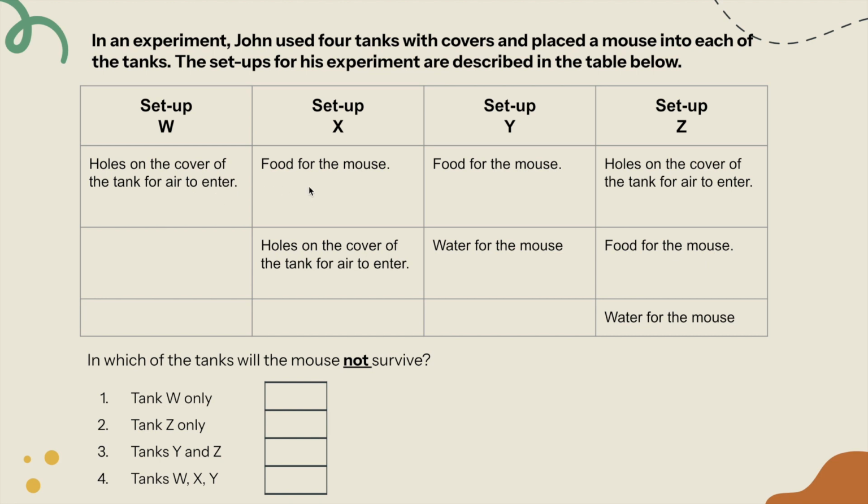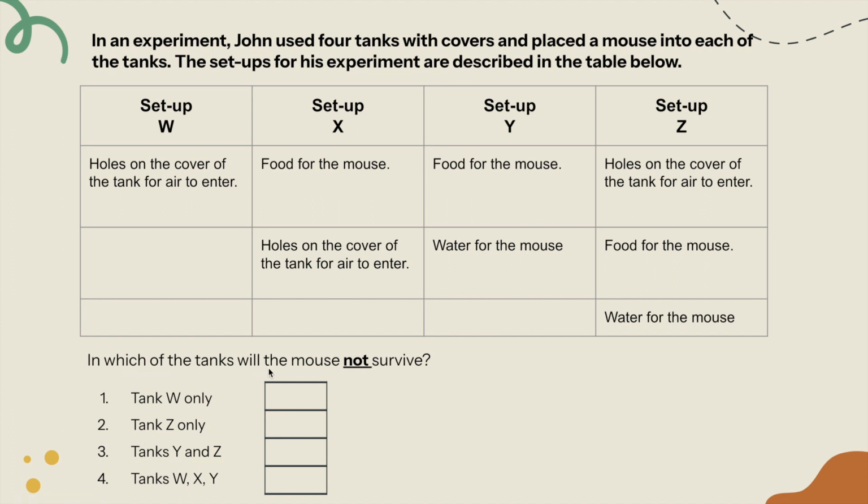Setup X has food for the mouse and holes on the cover of the tank for air to enter. Setup Y has food for the mouse and water for the mouse. And setup Z has holes on the cover of the tank for air to enter, food for the mouse, and water for the mouse.